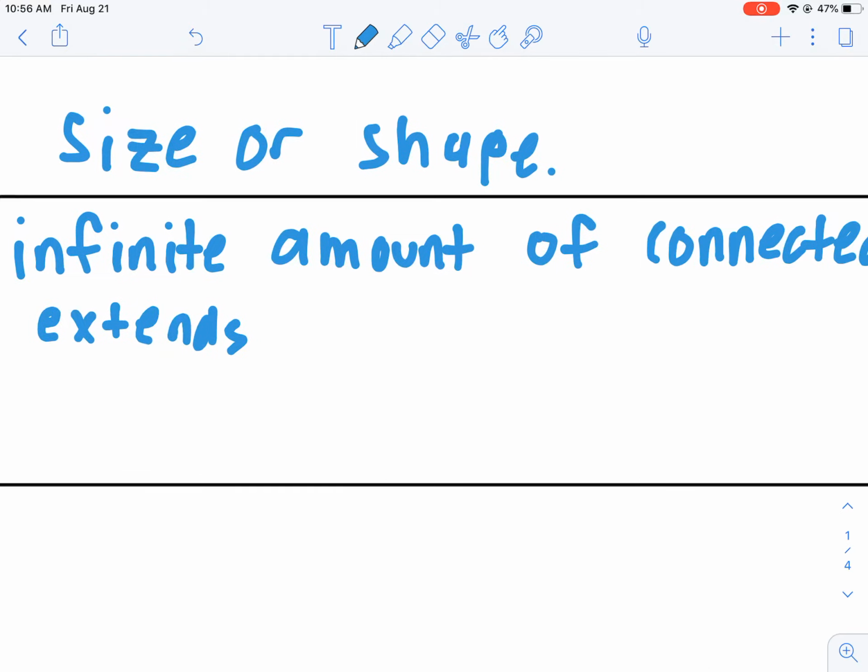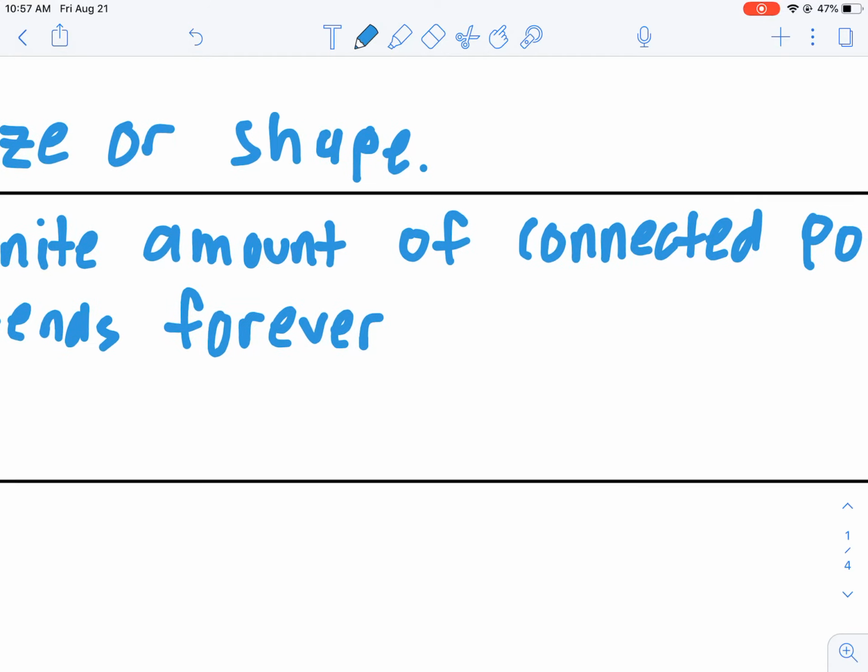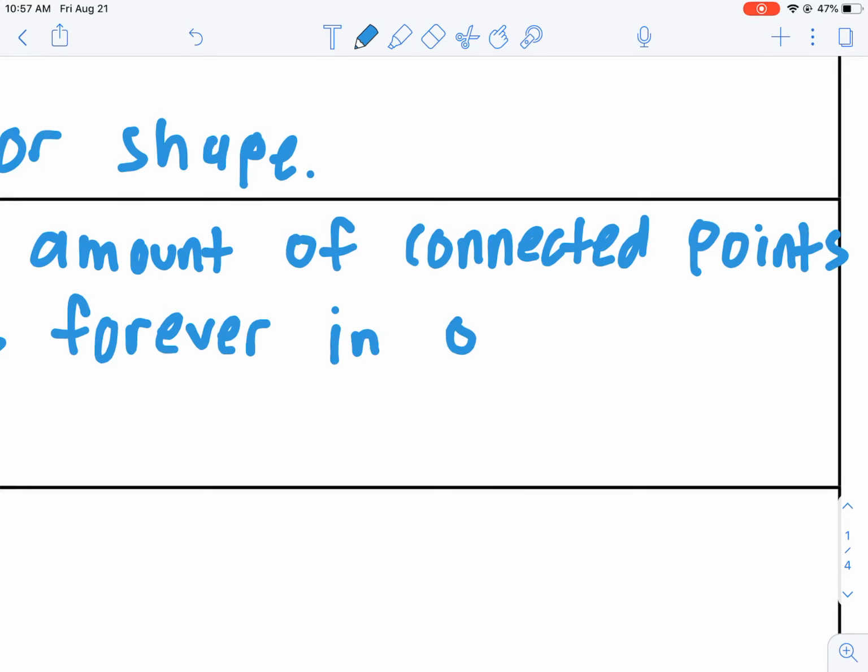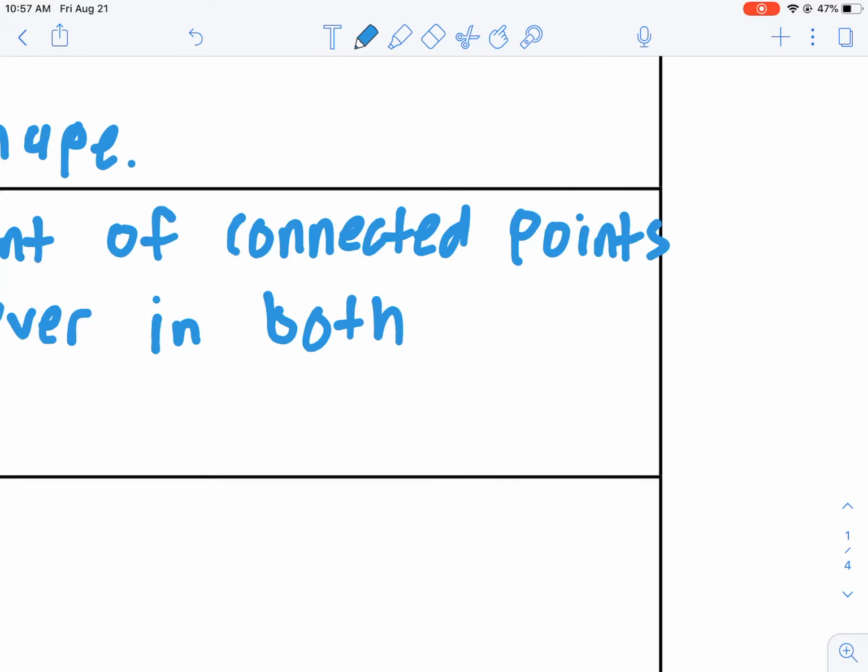That word forever is important, because in your everyday use of the word line, you're not always necessarily talking about a line. Most of the time, you're talking about what we're going to call a line segment. A line segment starts and stops.